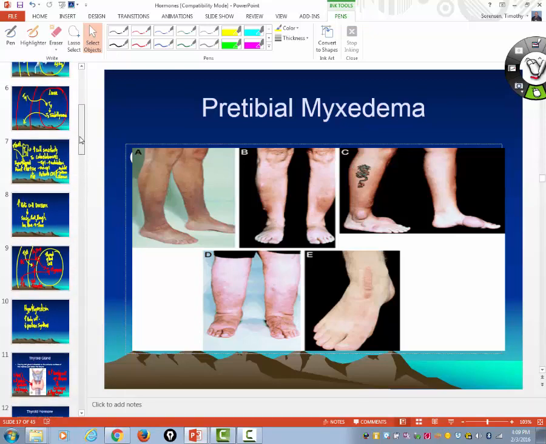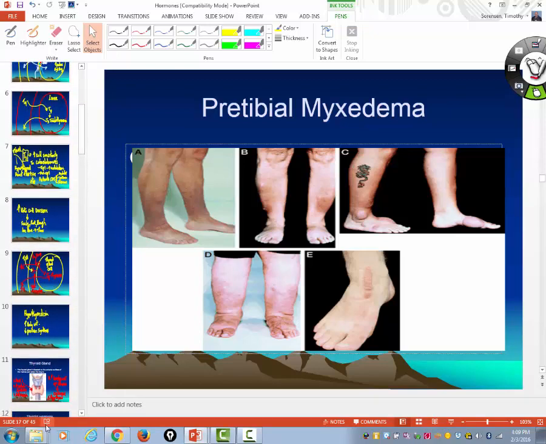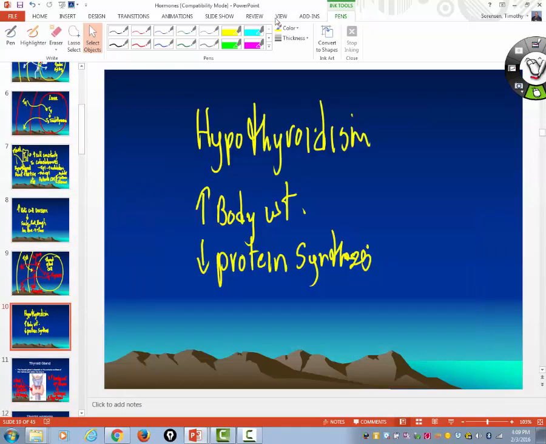The other thing in hypothyroidism is that thyroid hormone increases the effect of the catecholamines, epinephrine and norepinephrine. So if you're hypothyroid, you will have decreased sensitivity to epi and norepi.